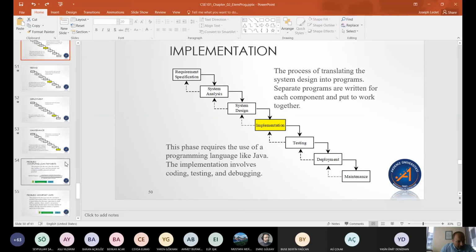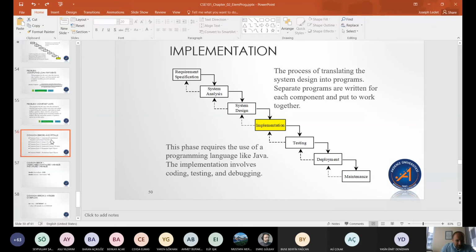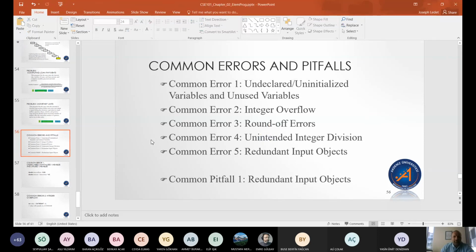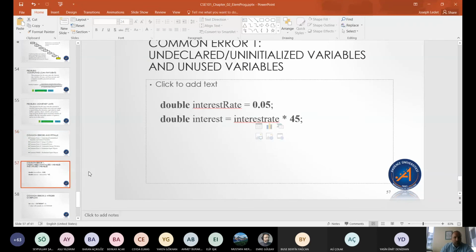I won't go into all this, but I do want you to know some common errors, some common problems that we will encounter when writing code. One is undeclared or uninitialized variables. Java is case sensitive.